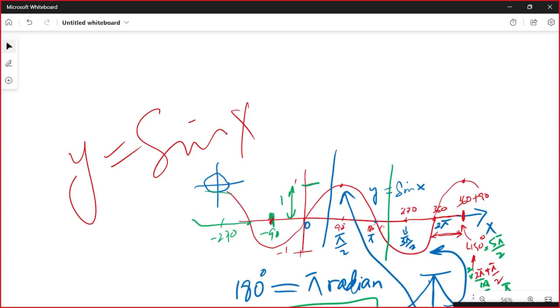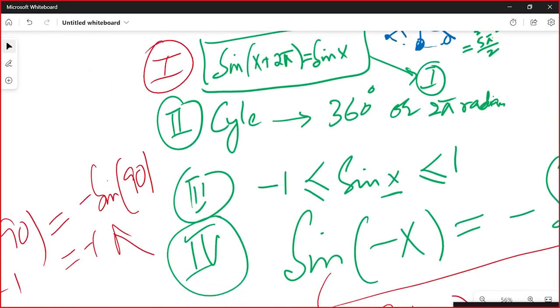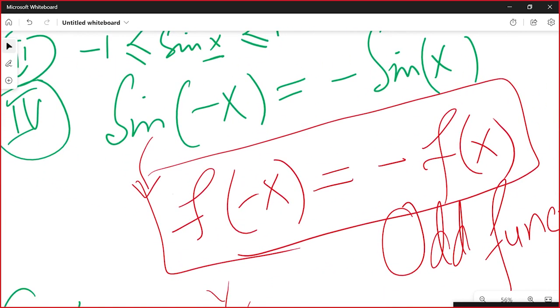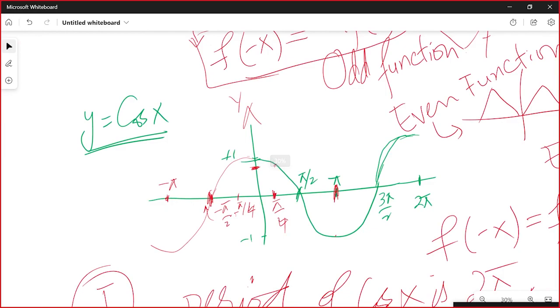Cos x. Very nice. Now if we push cos x 90 degrees towards the right, what happens? It becomes sin x.